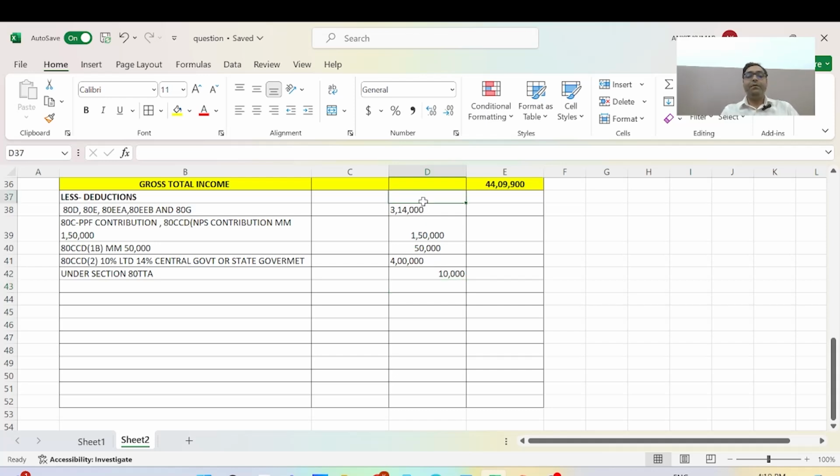Now all the deductions will be totaled: 3 lakh 14,000 plus 1 lakh 50,000, plus 50,000, plus 4 lakh, which comes to about 9 lakh.